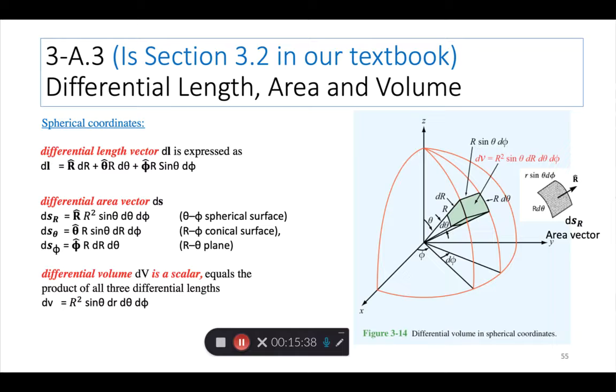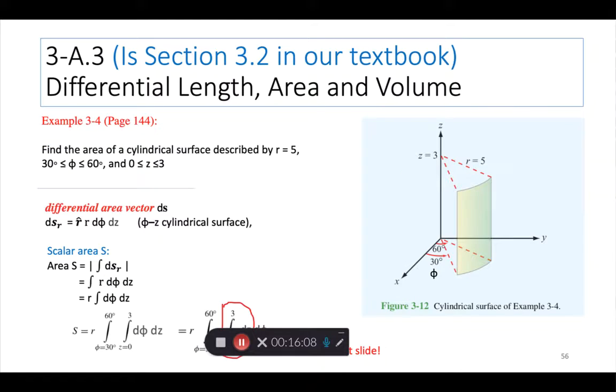But for our purposes, you need to know that in each of the three orthogonal coordinate systems, you have one formula for differential length, three formulas for differential area, and again one formula for differential volume. And you need to know how to calculate these, or at least look these up, because there is a table, as you can imagine, somewhere.